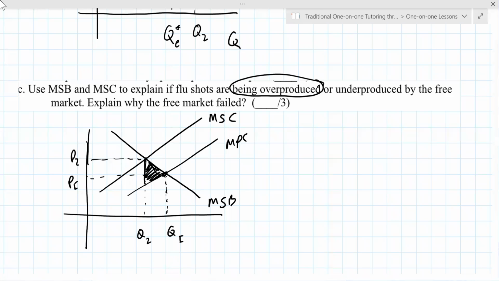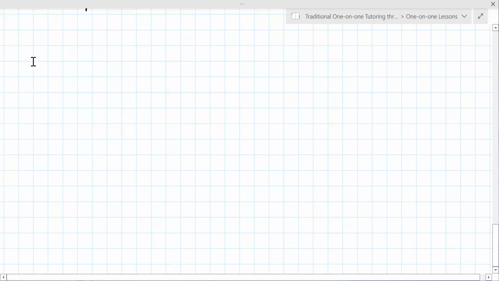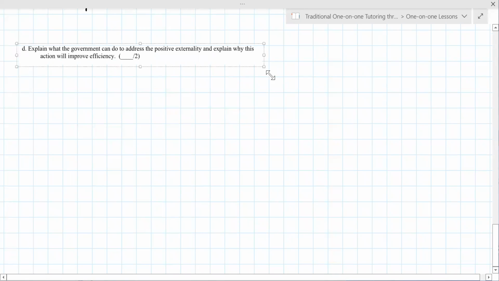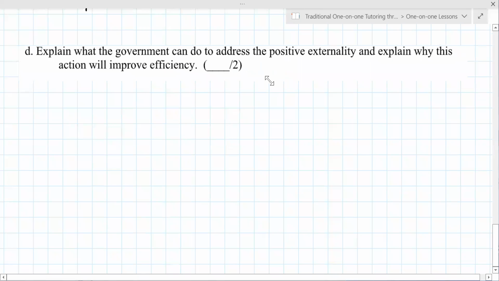All right, let's move on here to part D. We kind of already answered it. One of the things the government does do, that I can tell you for sure, is that there's a cost to making these flu vaccines.